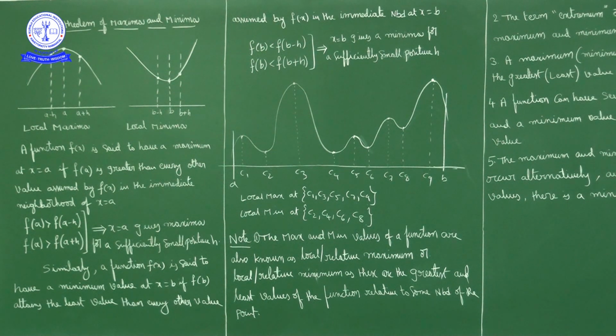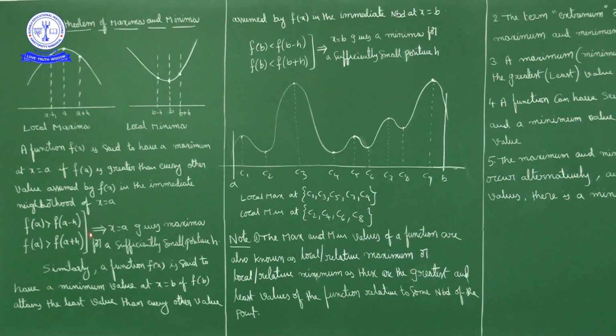Now, x equal to a gives a maximum value, as f of a minus h is less than f of a and f of a is greater than f of a plus h, meaning in the immediate neighborhood of a, f of a is the greatest value.